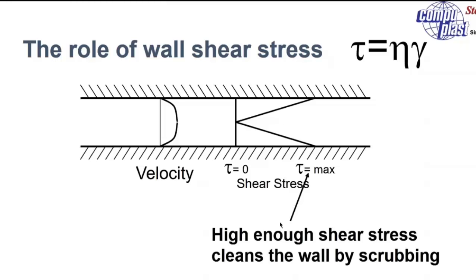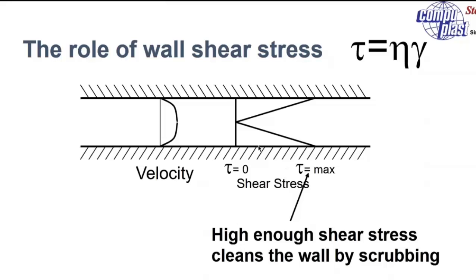And 90% of the time when we say shear stress, we mean wall shear stress. Now the shear stress at the wall is what performs the scrubbing action that results in what some people refer to as a self-cleaning system. And so we want the shear stress at the wall high enough to maintain a clean surface.